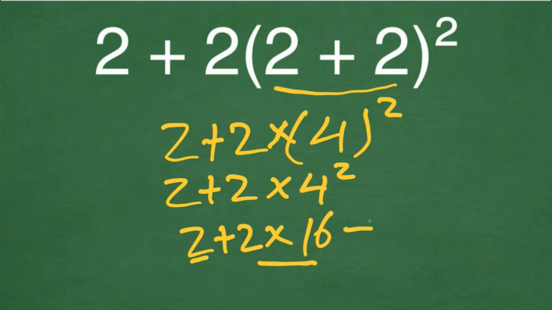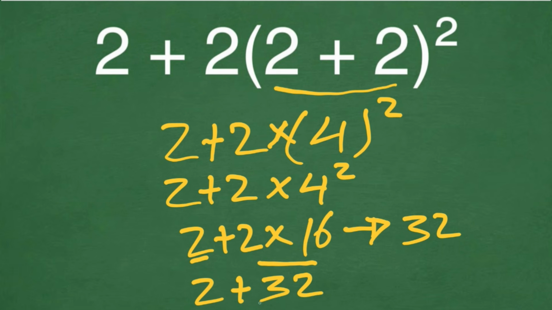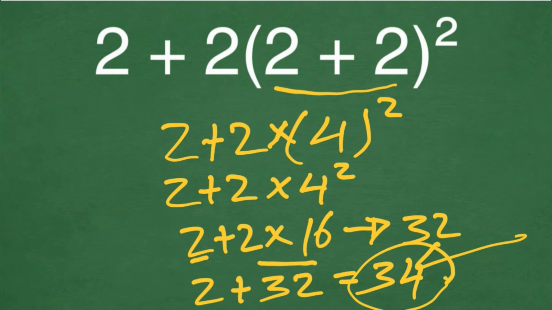So the multiplication becomes 2 times 16, which is 32, and the problem becomes 2 plus 32, and 2 plus 32 is obviously 34, and that is going to be the final answer. So the answer to this problem is 34.